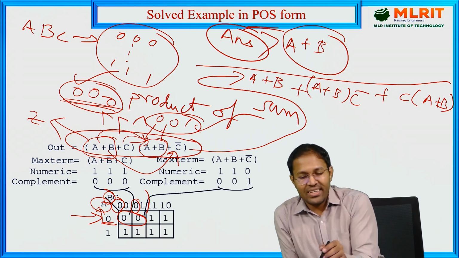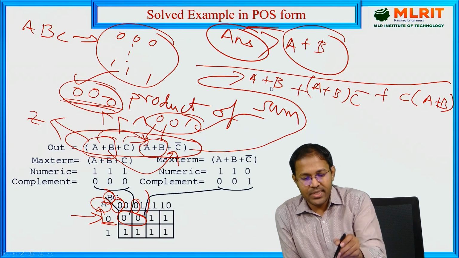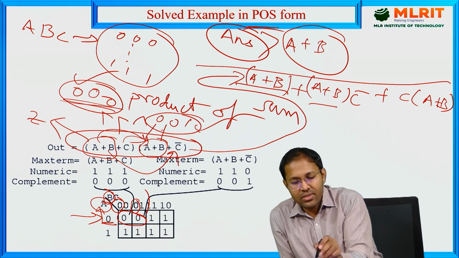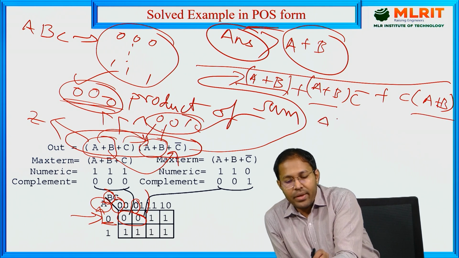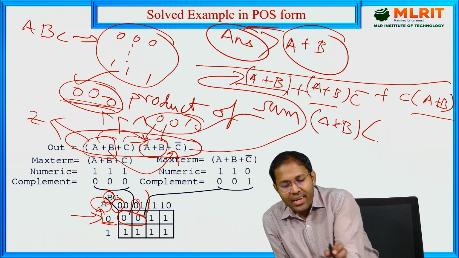Now let us look at this expression here. AB is common. So let us take A plus B common, and then if we take A plus B, we are left with 1 here.